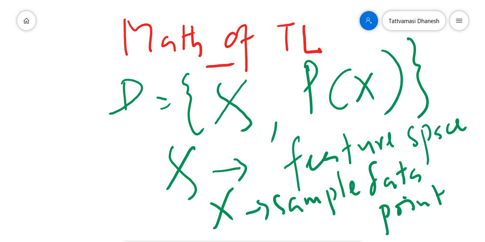So x, you can write it as follows. x and psi are different. Psi I have written as this; psi is the feature space, and this is P of x, with x here and psi here.